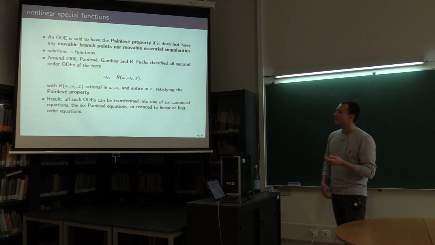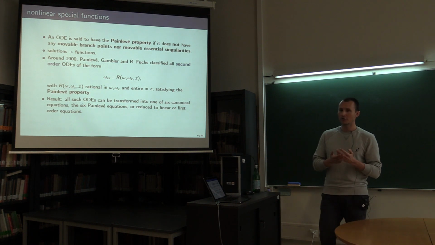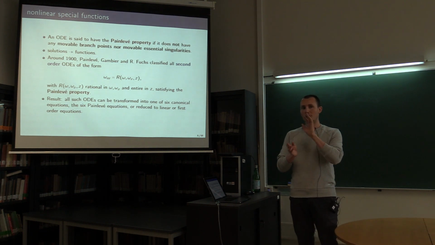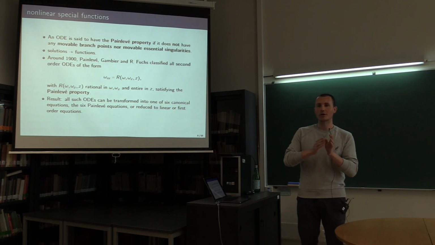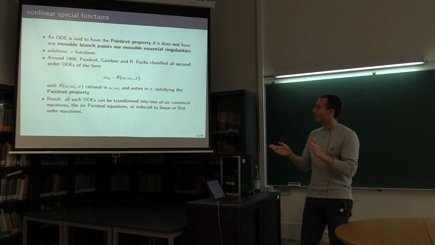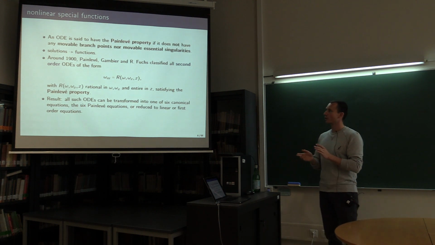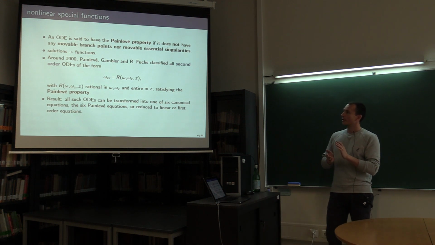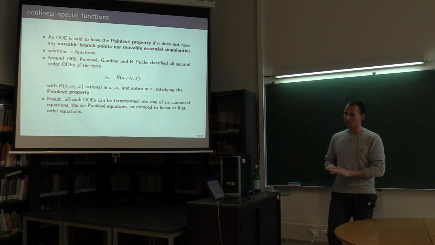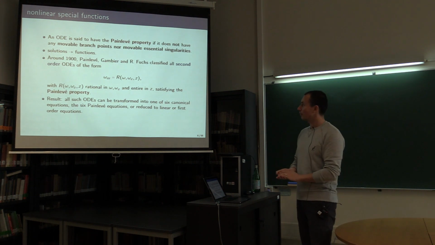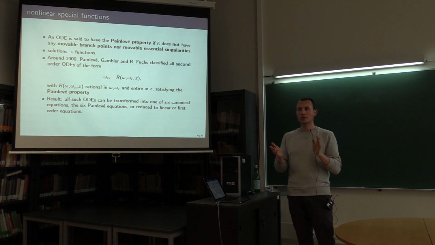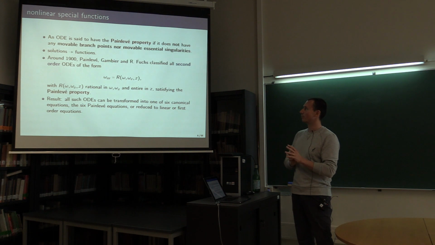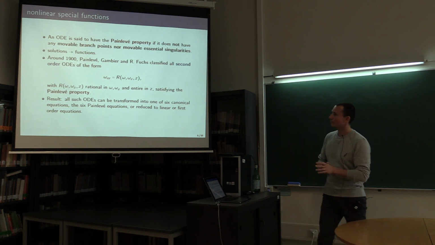And so the problem is that if you take a nonlinear ODE, then if you fix some Cauchy data, a local solution does not define a global function. And so Painlevé and his colleagues around 1900, because of this, decided to try and classify all nonlinear ODEs which do not have movable essential singularities or movable branch points.